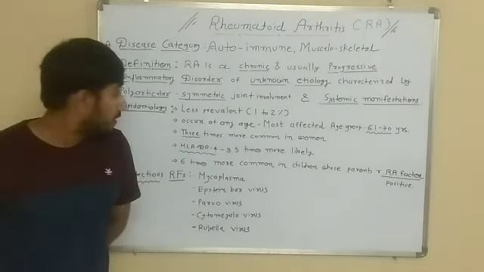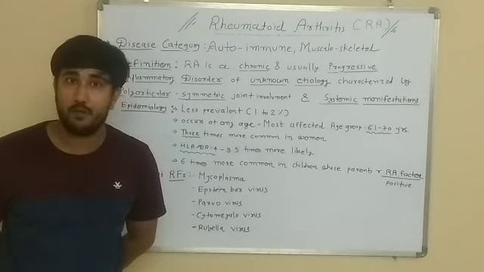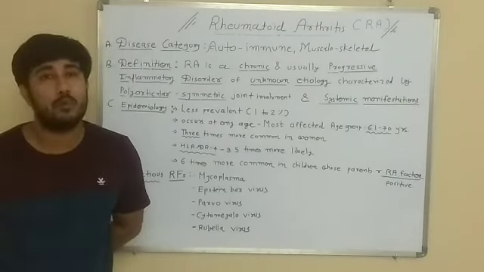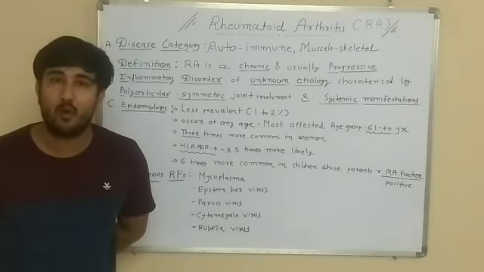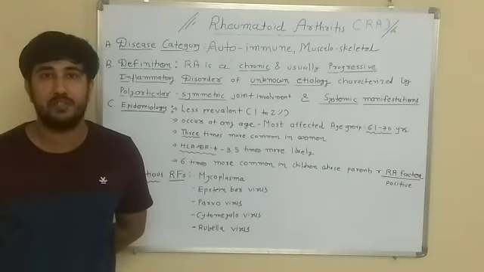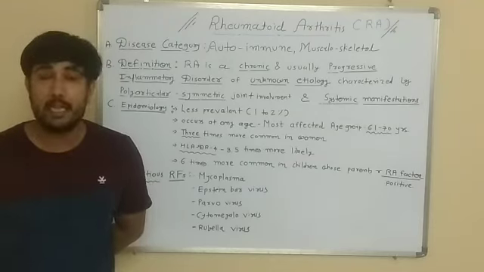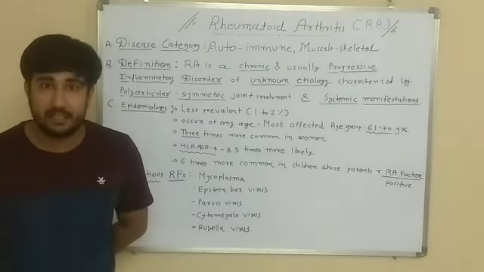Why? Remember, dear students, one very common fact: autoimmune disease conditions are very common in the female population. Here we have another example of an autoimmune disease, SLE. Please note down SLE. SLE stands for systemic lupus erythematosus.